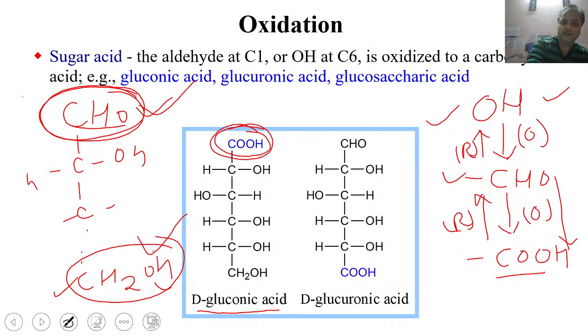So mainly either carbon number 1 or carbon number 6 will go for oxidation. In organic chemistry, if you oxidize any alcohol, it is converted to aldehyde, and the aldehyde is finally converted to acid. Means alcohol after repeated oxidations gives you acid. Similarly, aldehyde or ketone after oxidation gives you acid.